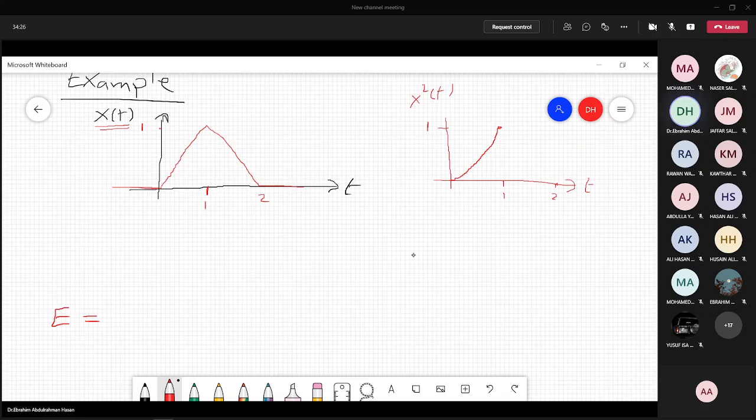Between 1 and 2, again a straight line, so if you square it, you will get again a parabola. This is equal to 0, and here also equal to 0. Then energy is equal to the total area under the curve, which is the integral from minus infinity to plus infinity of p of t dt.